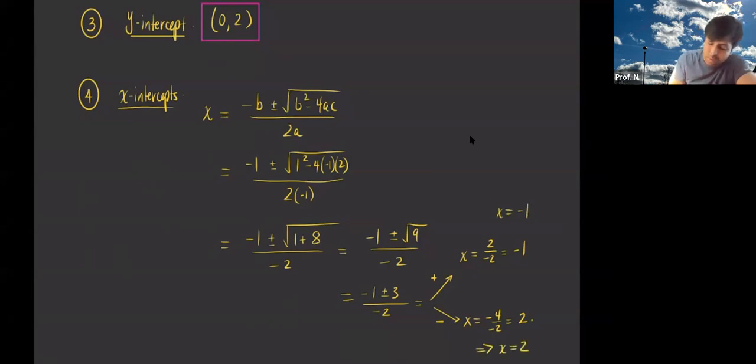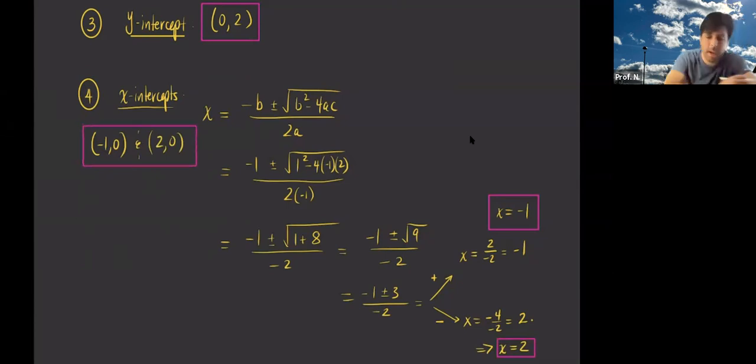These are my two solutions, or my roots. So my x-intercepts are (-1, 0) and (2, 0). Again, remember the x-intercepts are the points where the y-coordinate is 0, and the y-intercepts are the points where the x-coordinate is 0.